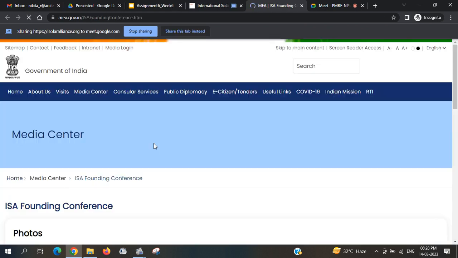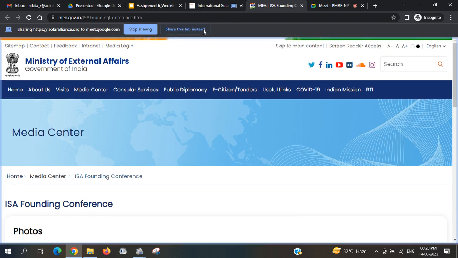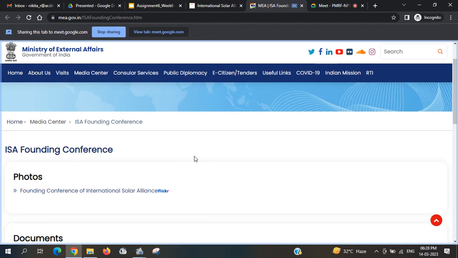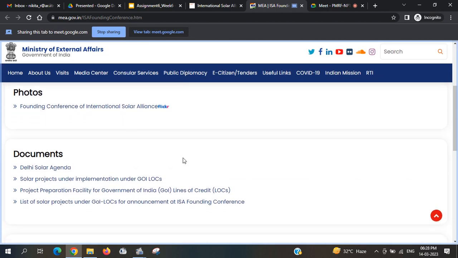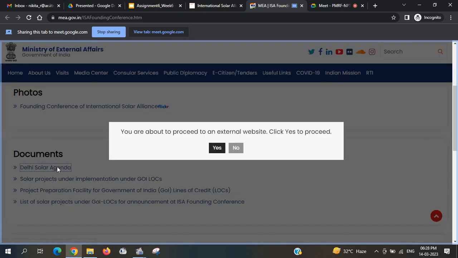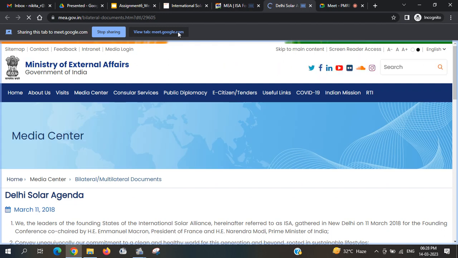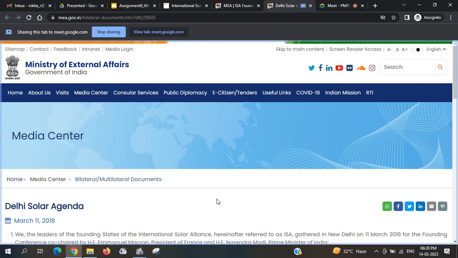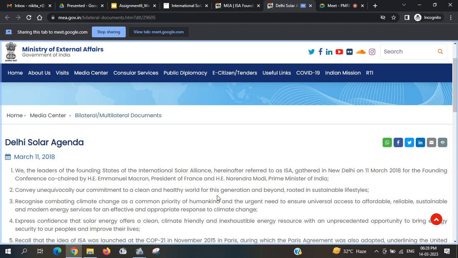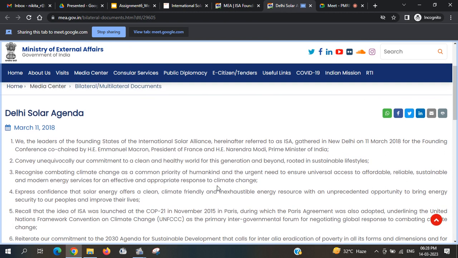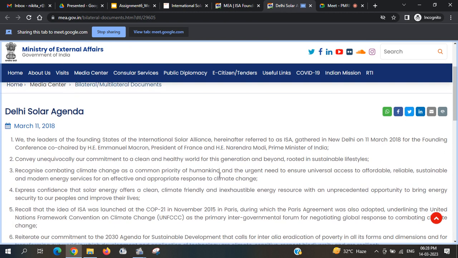You can even go and see the founding conference of this alliance, and you can first see the solar agenda, or the Delhi Solar Agenda, as it's known. So this is the agenda that has been taken up by the government of India as a part of this alliance.